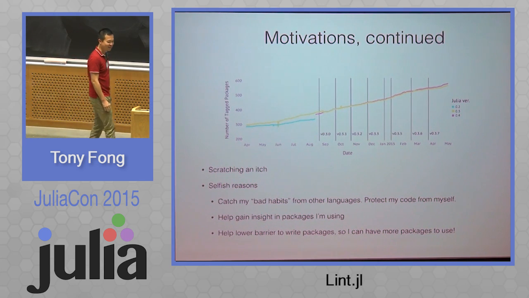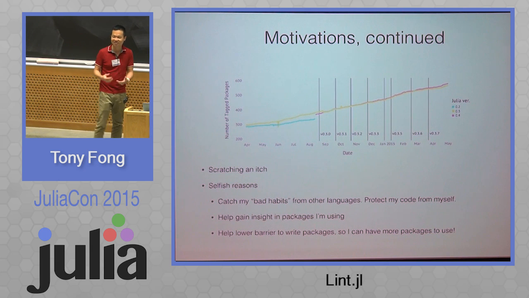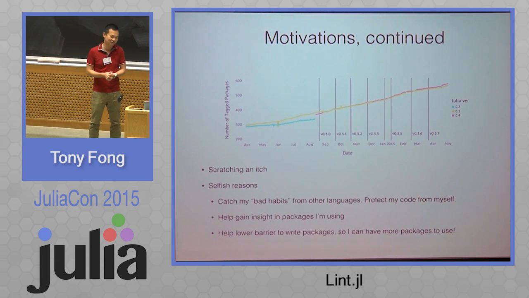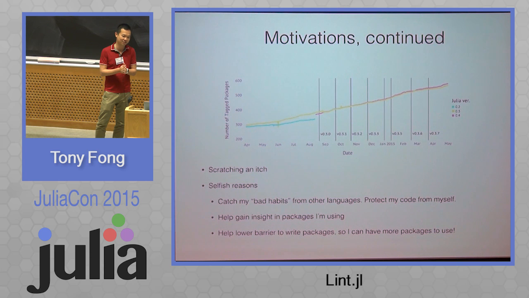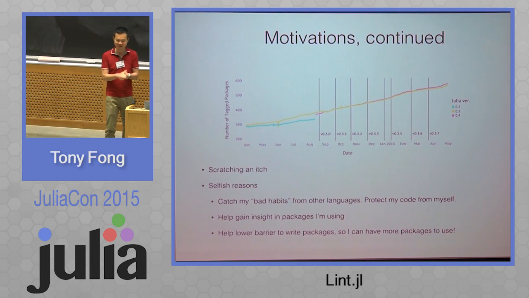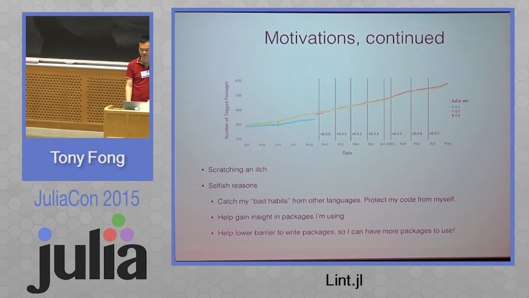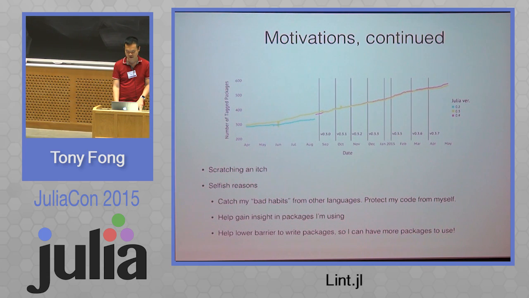And that can create quite a bit of barrier for newcomers, such as myself in the middle of last year. Having a package like this really lowers that barrier. It's like, you shouldn't do X, Y, Z because the language design has already solved that problem for you. I think these various reasons motivated me to write Lint and to share it.